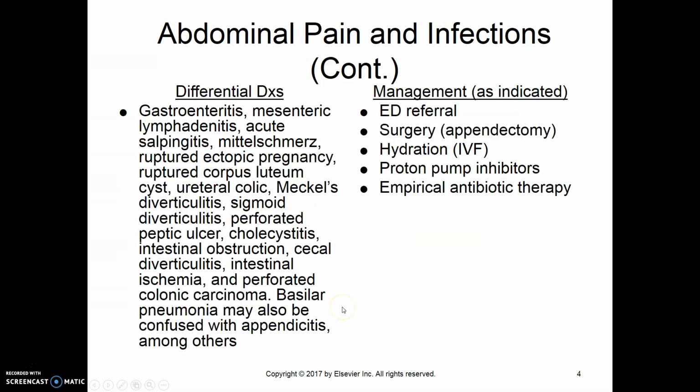This slide is important because look at the huge amount of differential diagnoses. It makes sense since there are so many organs within the abdomen. However, common things occur commonly. You cannot memorize every one of those differential diagnoses, but you will be able to connect them with that type of pain.